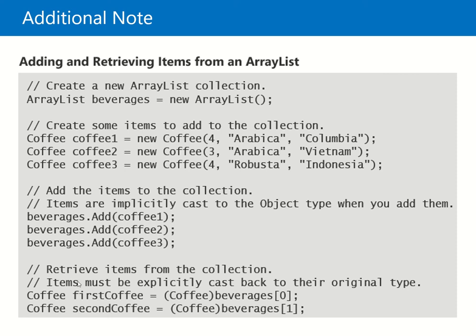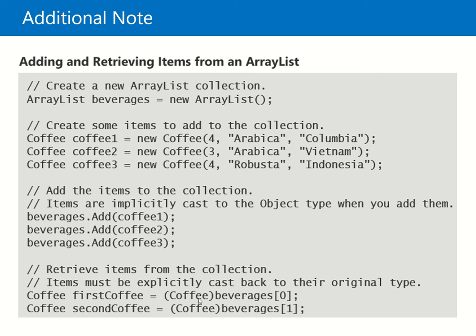Now you can retrieve items from the collection. To retrieve them, the items must be explicitly cast back to their original type. For example, you construct another coffee object called firstCoffee. Coffee firstCoffee equals, and you have to cast it. To cast, you put the data type in brackets, which here is the coffee structure.